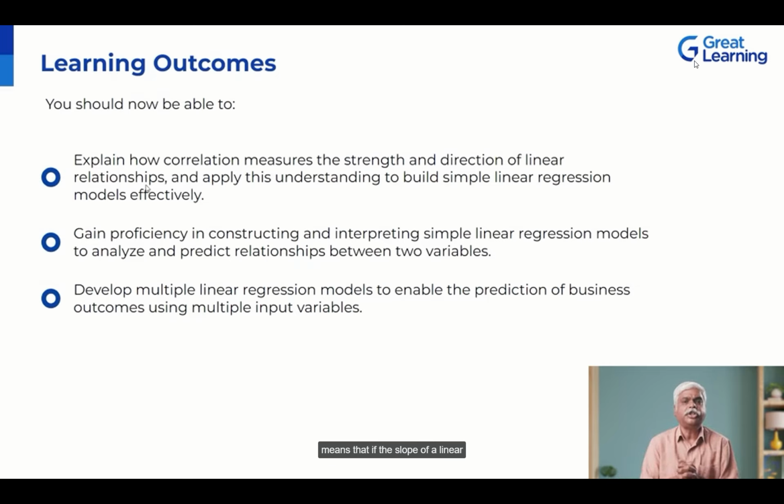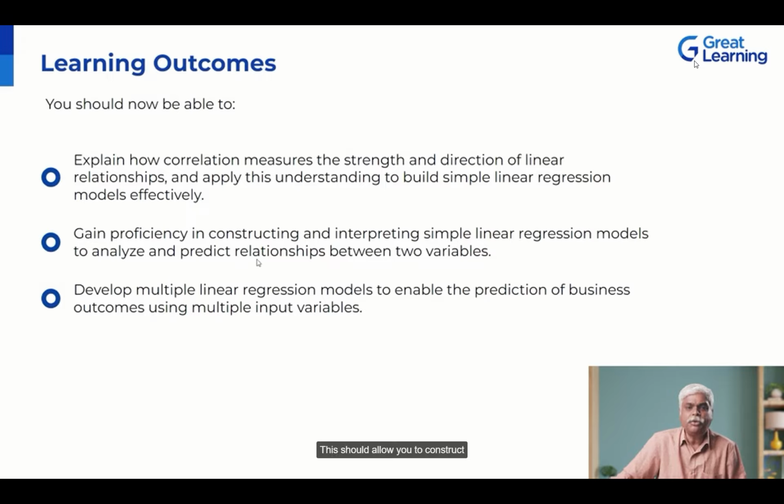Direction of a linear relationship means that if the slope of a linear regression is positive, then if the x goes up, y goes up. If it is negative, it means that the x goes up, y goes down. So this idea of a positive and negative relationship is understood through a regression and through a correlation measure.